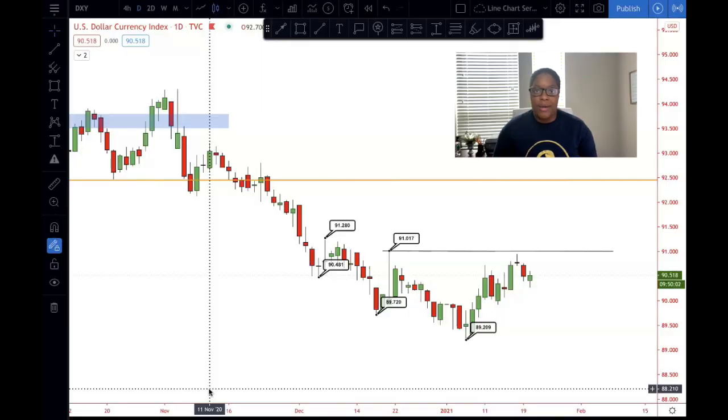So you guys, we are going to be looking at the dollar index starting off. Right now, the dollar index has raised up a bit. I've been looking at this $91 area, 91.01 to be more exact, and I've been waiting to see if price is going to take it out or if it's going to stay below for us to continue in a downtrend.